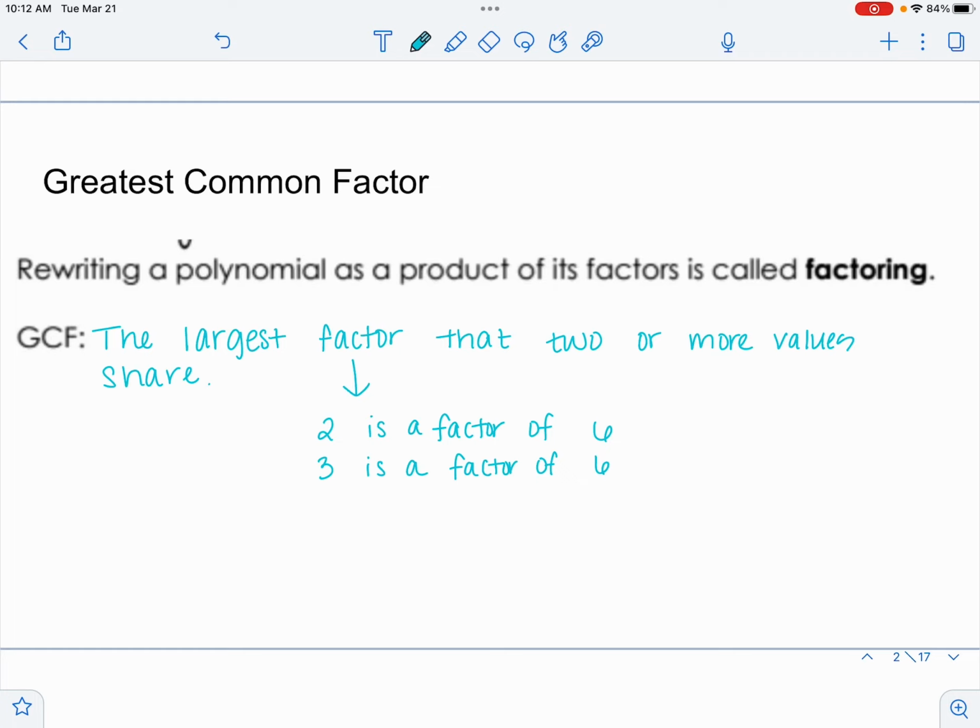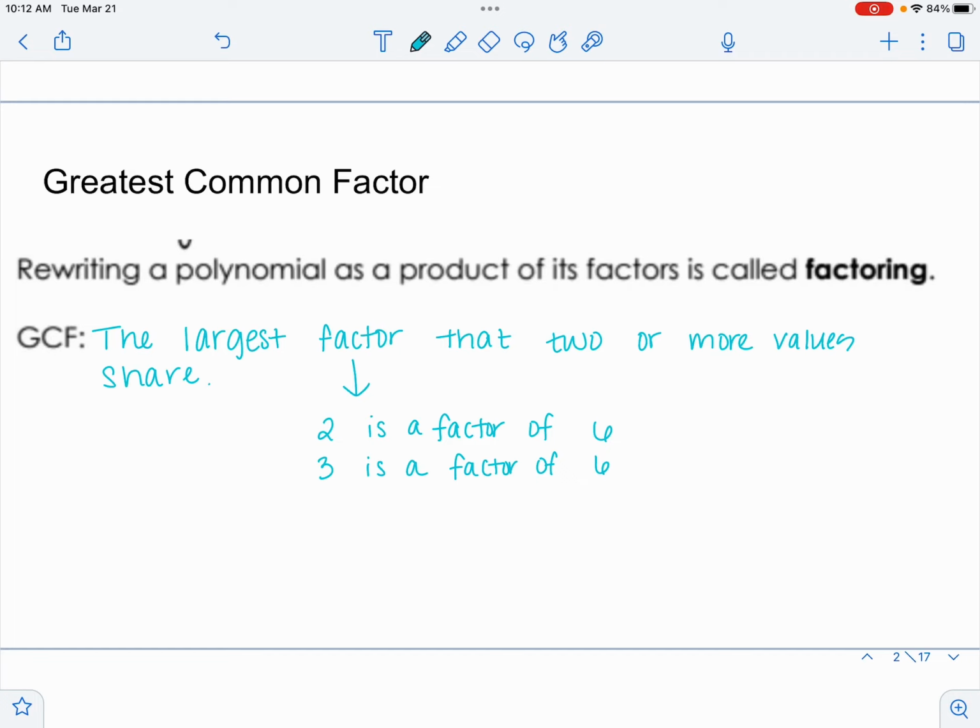The greatest common factor is the largest factor that two or more values share. If you need a reminder about what a factor is, two examples: 2 and 3 are both factors of 6, because you can take 2 and multiply it by a number, 3, to get 6. So that's the definition of a factor.